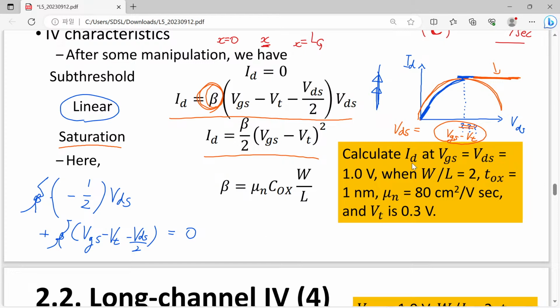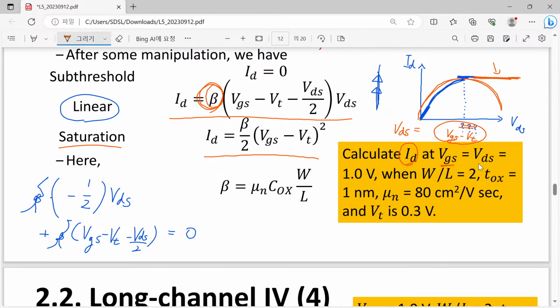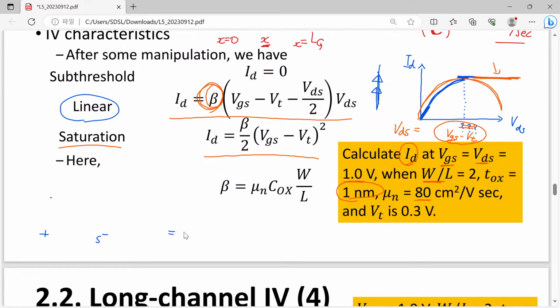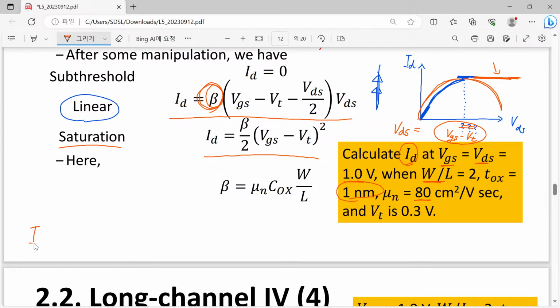Calculate drain current when gate voltage and drain voltage are both 1 volt, and W over L is 2. It means that maybe we are talking about the minimum sized one, and oxide thickness is 1 nanometer, and mobility is 80 square centimeter per volt second. Let's try to calculate it. How can you calculate this one? I will just write down the expression. So evaluation is your task.